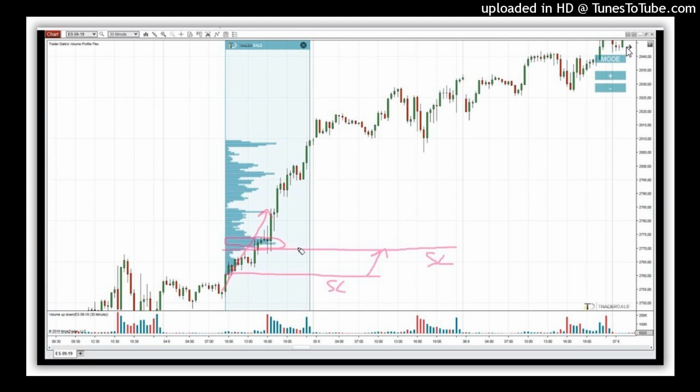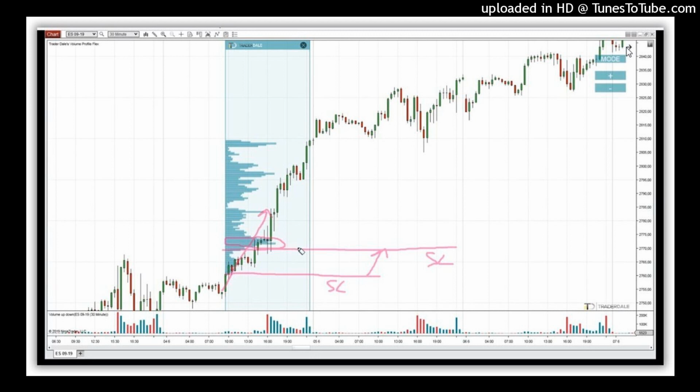So what you can also do is to use this approach as a trailing stop loss. Let's say that you are in a long position from this area. You are in a long and you are trailing your position. So you are moving your stop loss. As the price goes upwards, you always want to move your stop loss below the volume cluster.